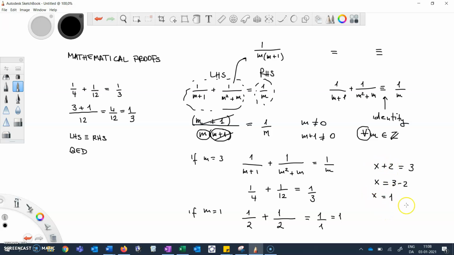So this is an equation. We are solving the equation and we find that this particular statement is true only for x equal 1. But this expression here is valid for any integer m. So just to recap, this is called an equality, and this is called an identity.